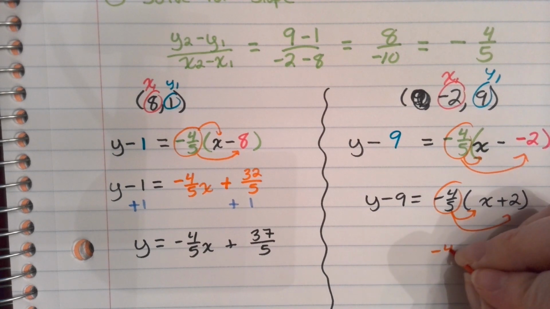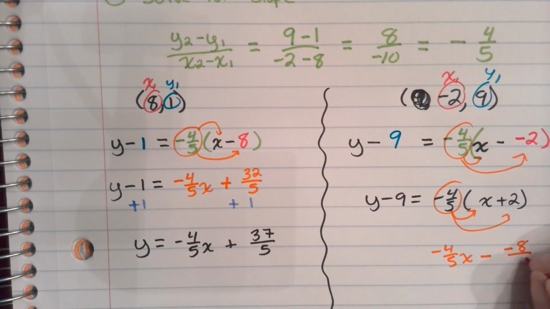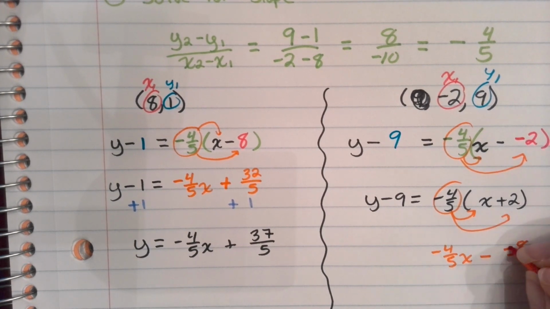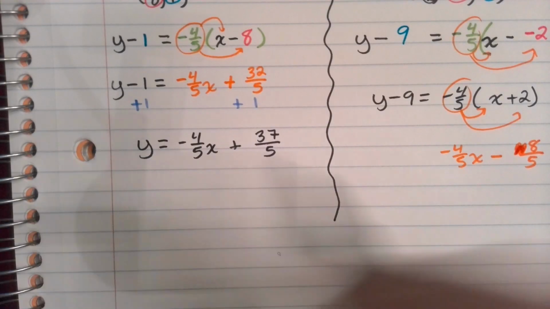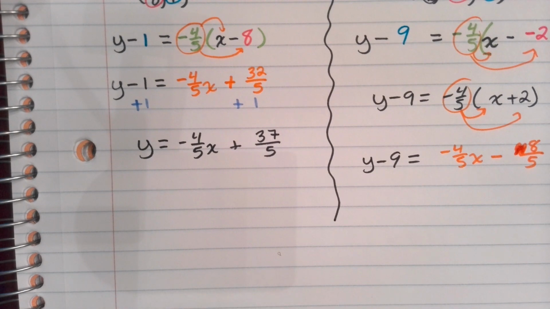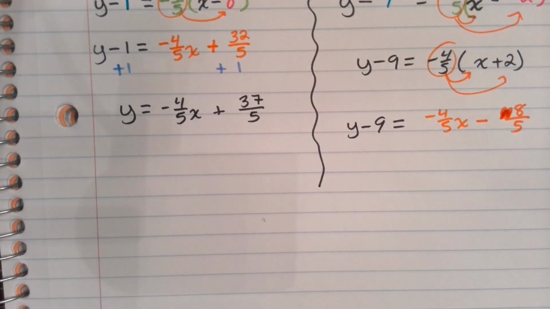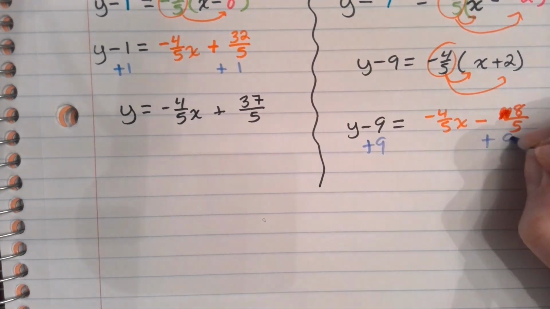So that becomes negative 4/5 x minus an 8 over 5. So now you have y minus 9 is equal to negative 4/5 x minus 8 over 5. You would then add 9 to both sides.